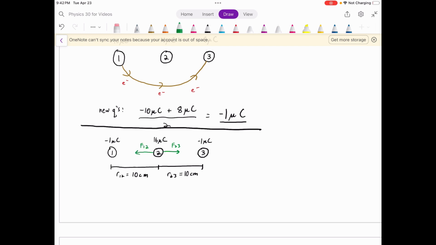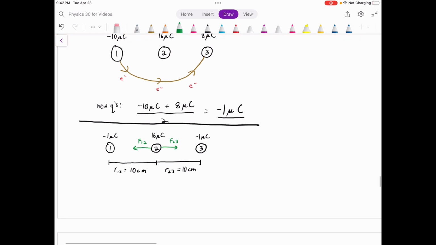And we can actually notice something here, right? Do you see it? These have the same charges, and it's the same distance away for each of them to object 2, right? They're both 10 centimeters away, and they both have charges of -1 microcoulombs. So when we go to do the calculation for the force from object 1, we're going to do KQQ over R squared.